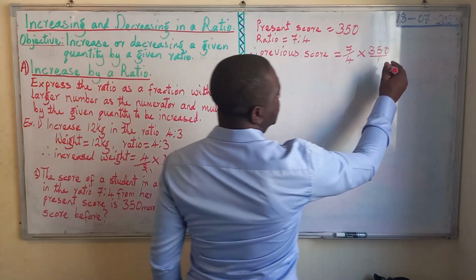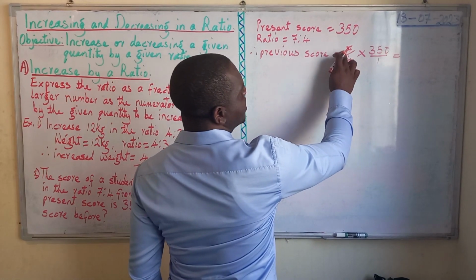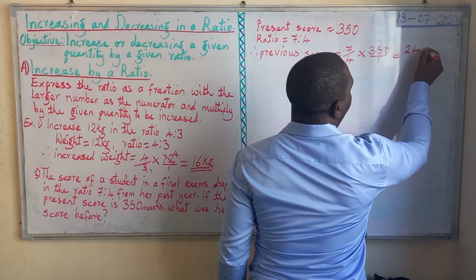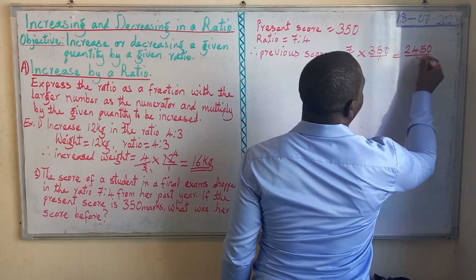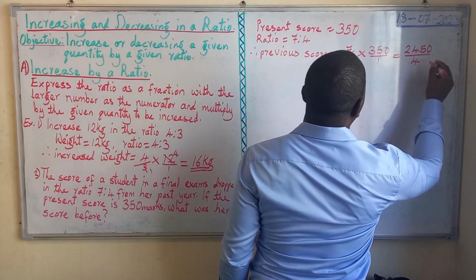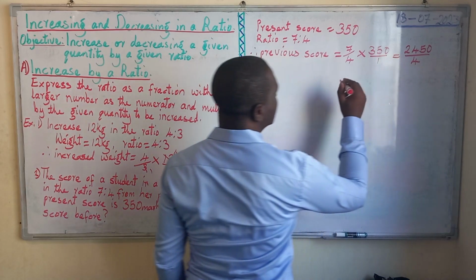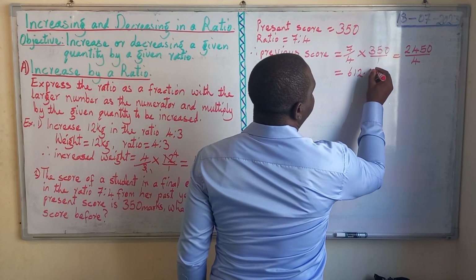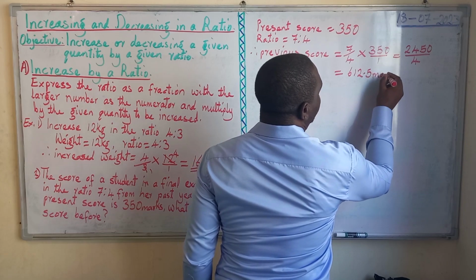We multiply across. This will be 7 times 350 is equal to 2450/4. And if you divide this properly, it's going to give a total of 612.5 marks.